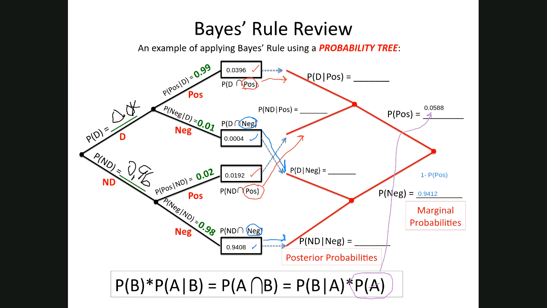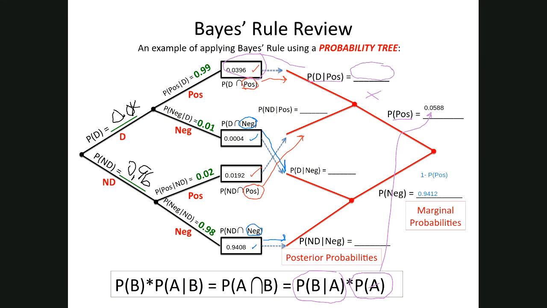And what we want to calculate is this value. And we know by Bayes' rule, this value times this value has to equal this value.